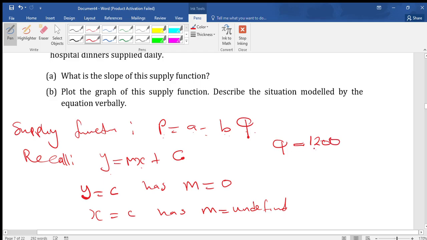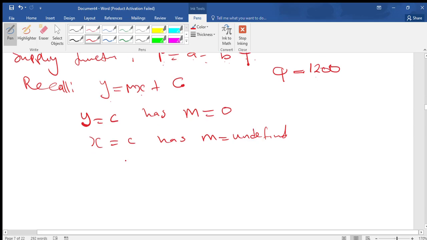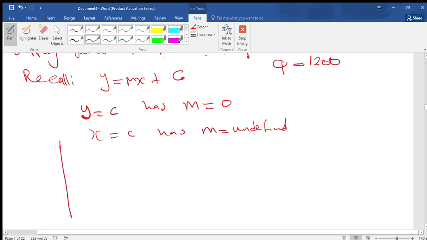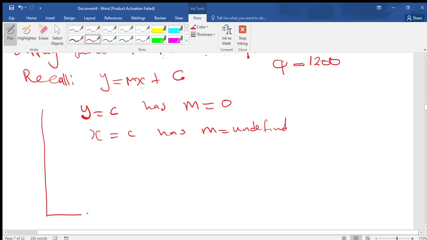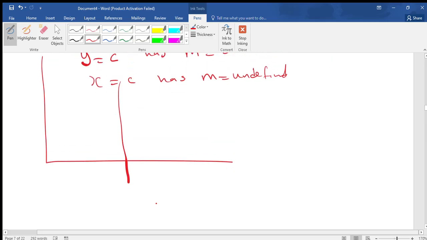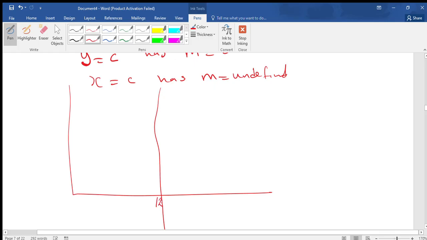If you are to sketch this, how is it going to be? If this is my y-axis and this is my x-axis, the line which is going to be drawn will be a vertical line passing through 1200 on the x-axis.